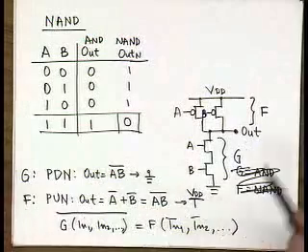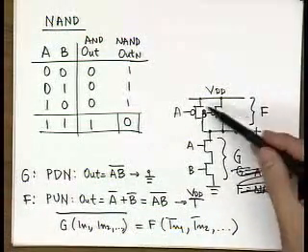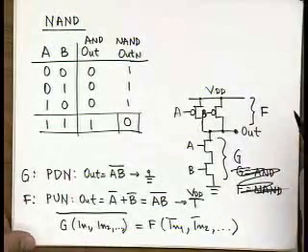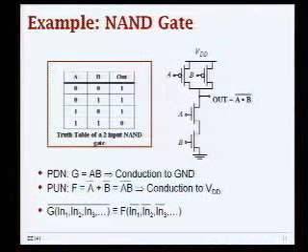Basically, what this tells you is to use the De Morgan principle to construct the equivalent PMOS network. So now let's go back to slides. That's basically the way you construct a NAND logic function.